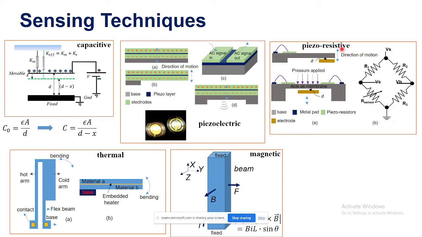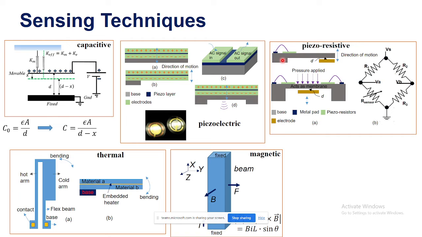We know that semiconductor materials such as silicon and germanium can be good piezoresistive materials because they offer the piezoresistive property. What does that mean? When there is strain or stress in these kinds of materials, such as silicon, they experience a change in electrical resistance. So how do we use this property to design a sensor?